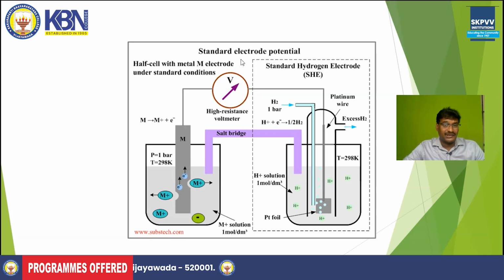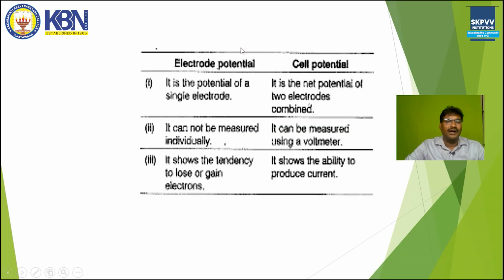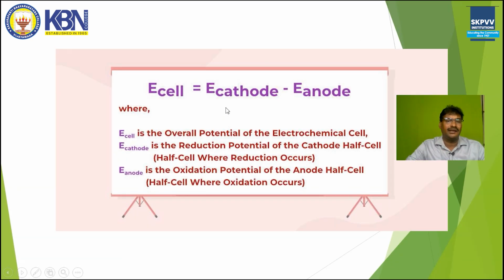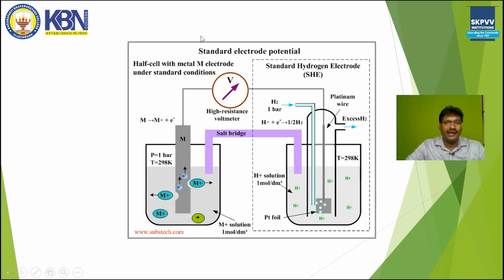The next definition is standard electrode potential. What is standard electrode potential? Electrode potential we already learned: when a metal is placed in a solution containing its own ions, the potential developed is called electrode potential. Here, standard electrode potential means the metal rod is dipped in its own ions at a pressure equal to 1 bar and a temperature equal to 298 Kelvin.